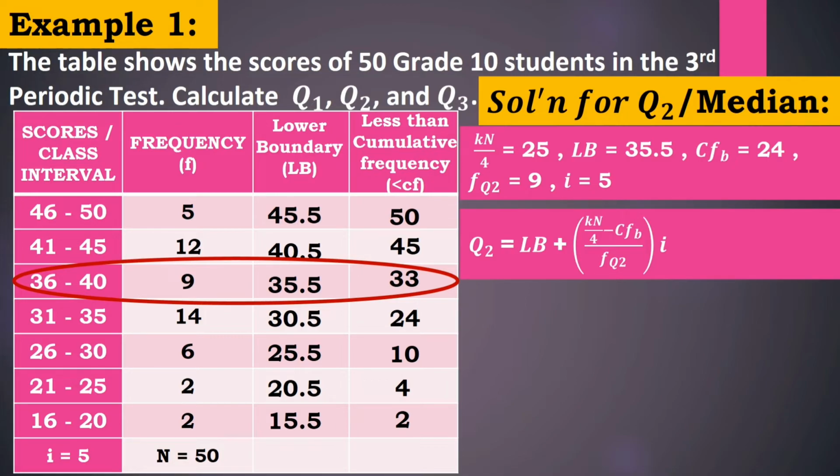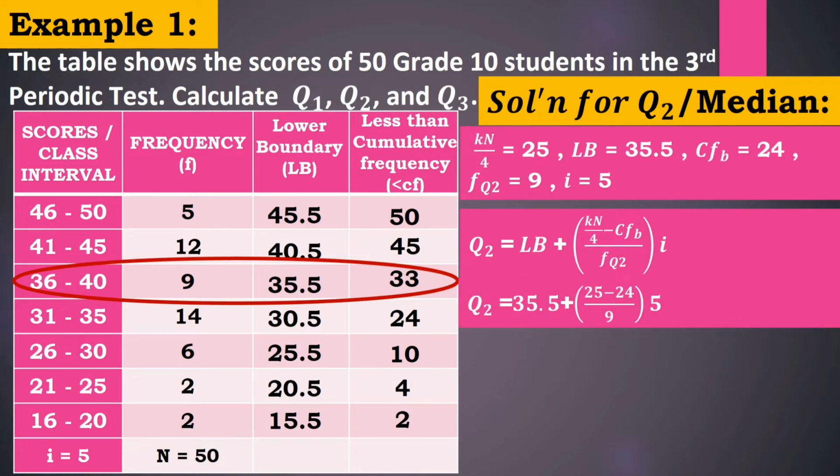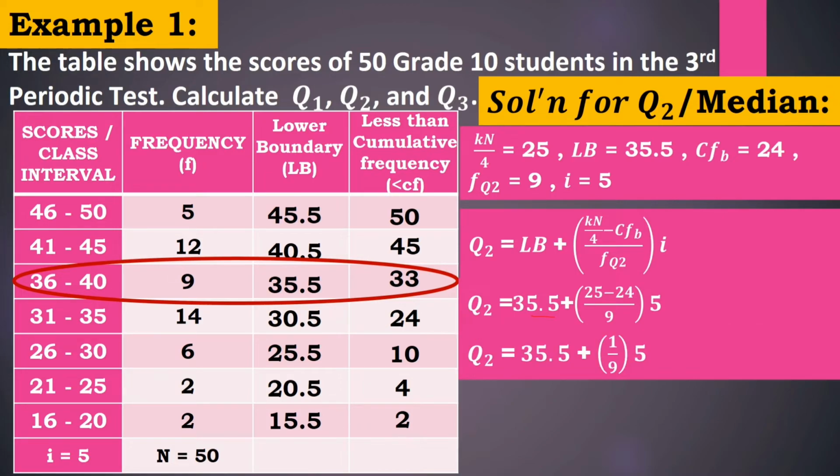So, plug in all the values. LB is 35.5. Kn over 4 is 25 minus the cumulative frequency before Q sub 2 class is 24 all over the frequency is 9 times the class size is 5. So, simplify natin muna ito. 25 minus 24 is 1 over 9.